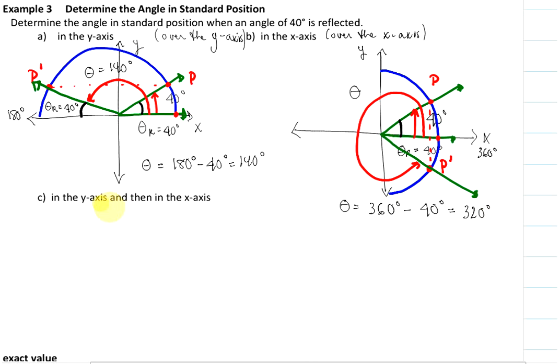Okay, so in our next example, we've been asked to do two reflections, one into the y-axis and one into the x-axis. So we will start as we did on our other two examples.